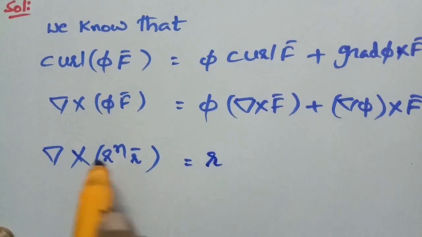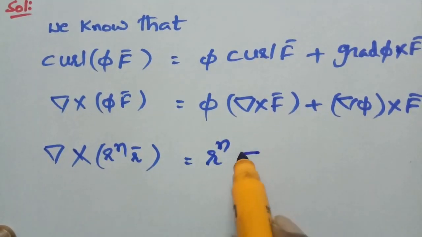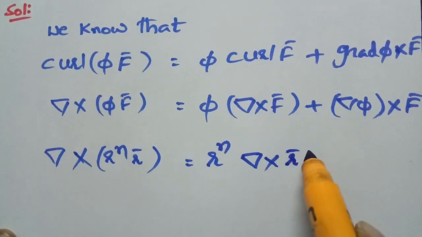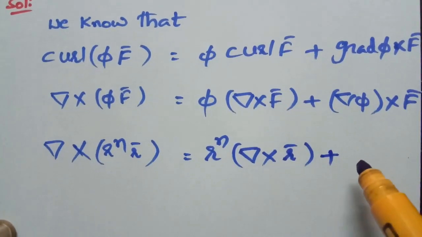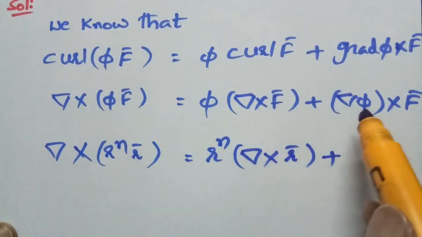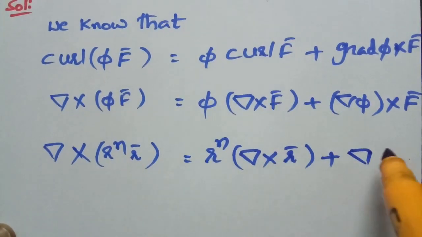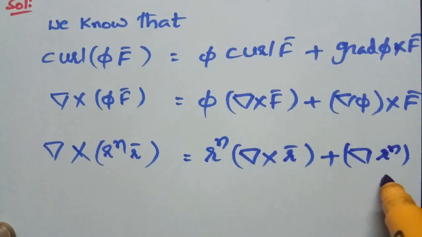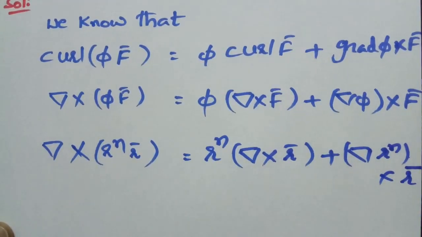Therefore, phi, that means r power n into del cross f bar, that is r bar, plus del phi, so del phi here means del of r power n, cross f bar, that is r bar.